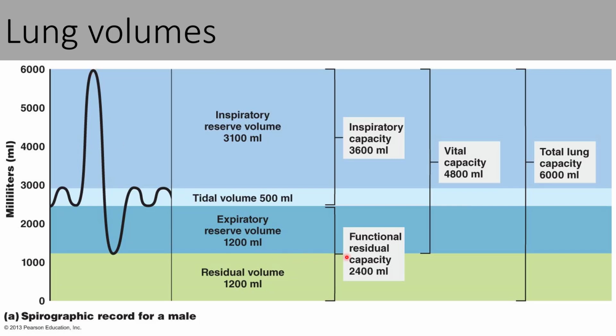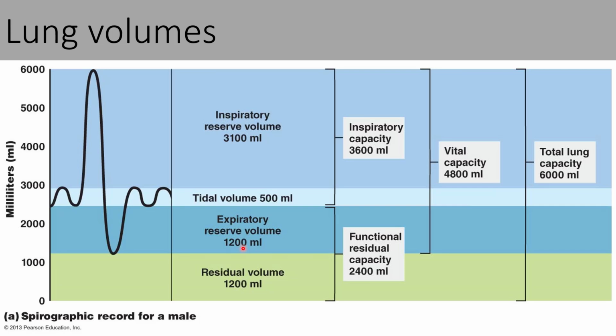Functional residual capacity is expiratory reserve volume plus residual volume. Vital capacity is all of the air that you can possibly move. It is inspiratory reserve volume plus tidal volume plus expiratory reserve volume.